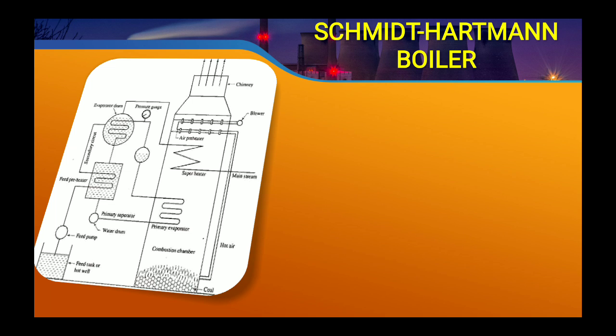The several parts: a chimney, blower, steam outlet, superheater, air preheater, primary evaporator, combustion chamber, and a furnace where coal is ignited, fuel tank or hot well, feed pump, water drum, primary separator, forced circulation, the feed preheater, secondary evaporator drum, pressure gauge, etc.